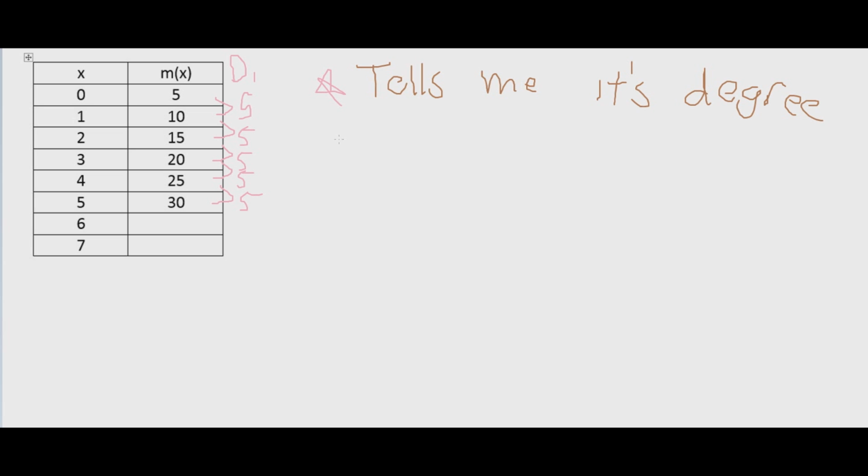Which means that if we were to try to write an equation for this, it's telling us that the degree has to be 1. It's telling us that our highest exponent has to be 1. Remember from the previous video that this just represents the highest exponent.